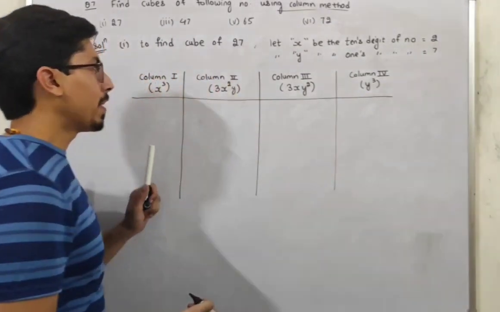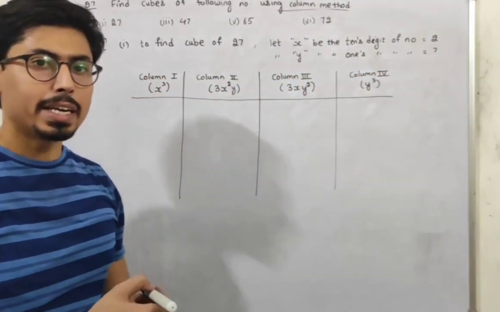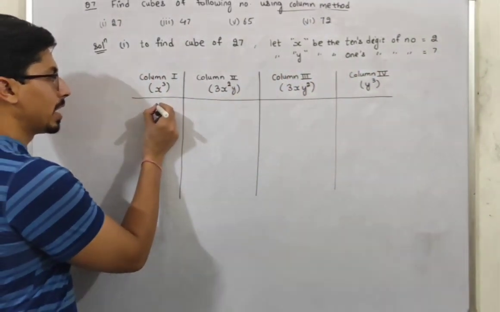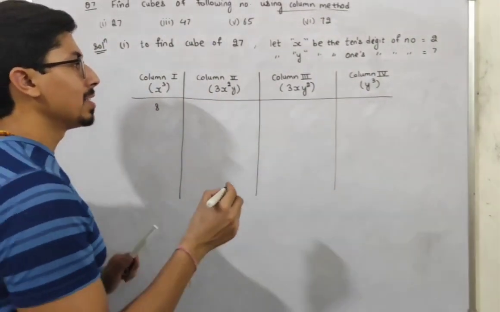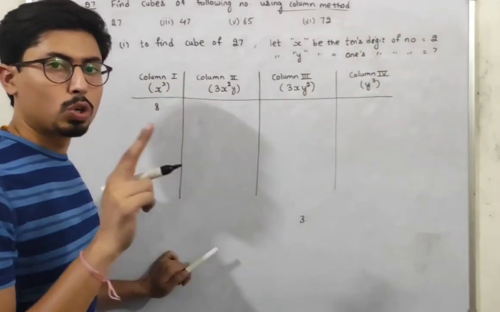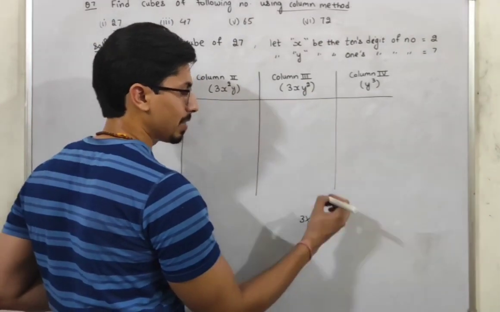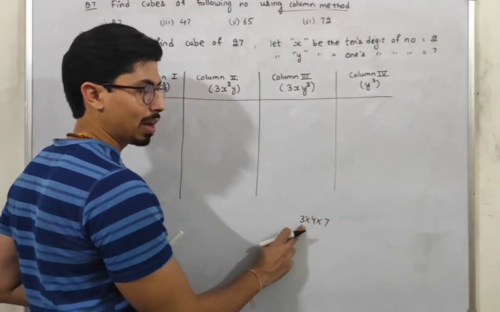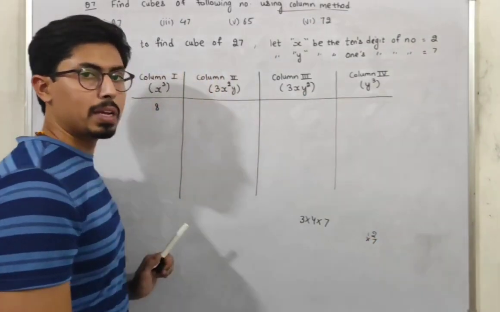If I take x cube, x is 2, so 2 cube is 8. I write down 8 here. Now 3x square y: x is 2, so 2 square is 4, so 3 multiplied by 4 into y, that is 7. 3 fours are 12, multiplied by 7, it will be 84.